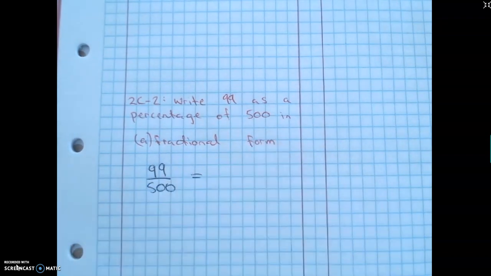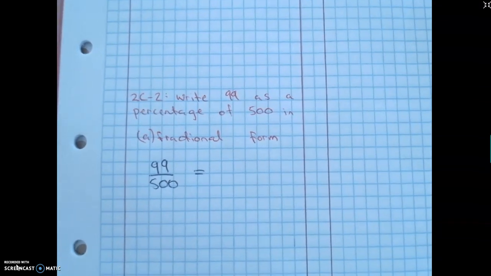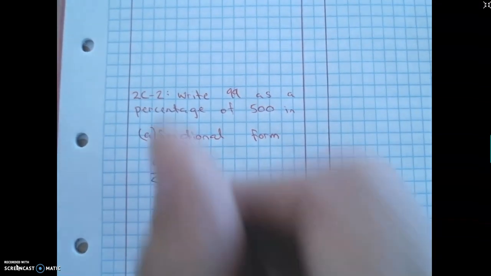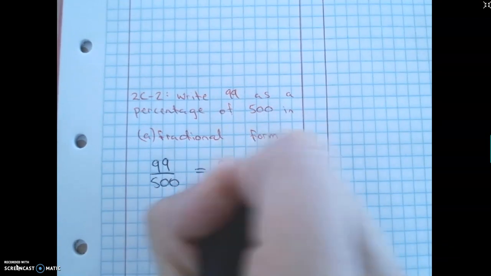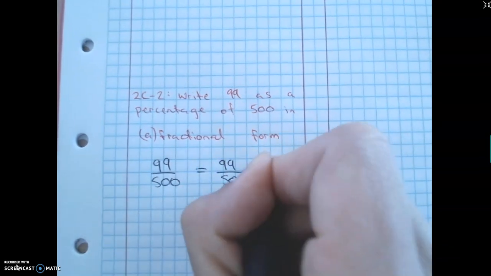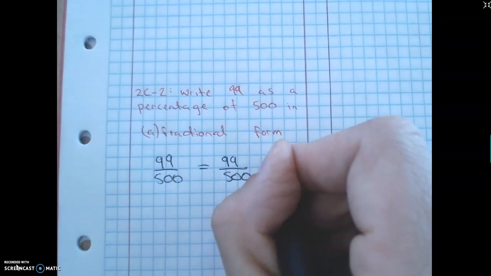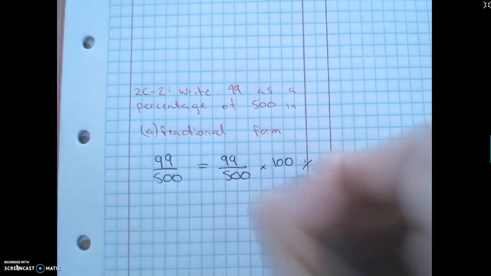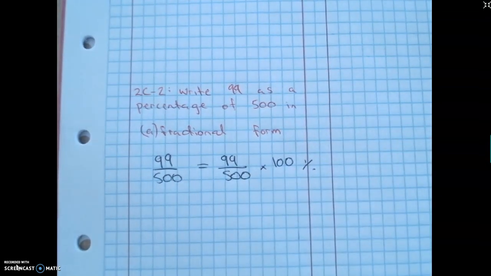Now to convert that into a percentage, remember you always just multiply it by 100. So this would become 99 over 500 times 100, and that will give us a percentage.